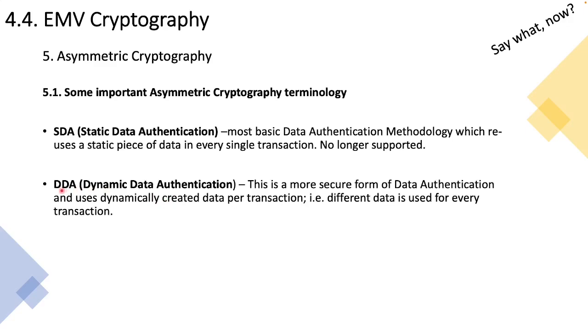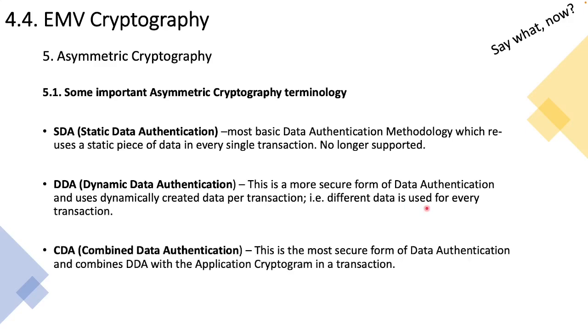The next one is DDA, Dynamic Data Authentication, and this is next level. It's a lot more secure than static data authentication, because it uses dynamically created data per transaction. So for every transaction, the data used is different.